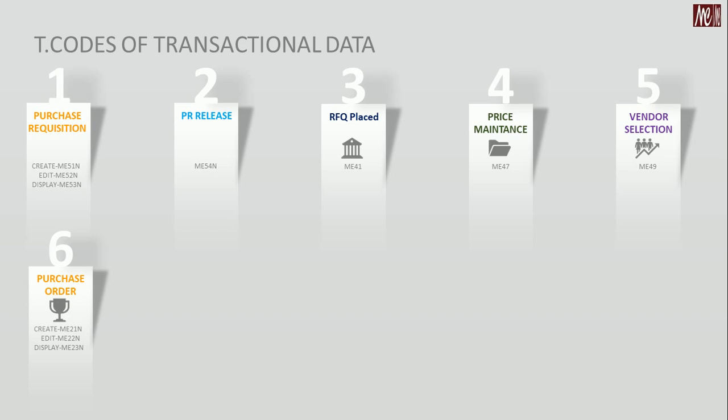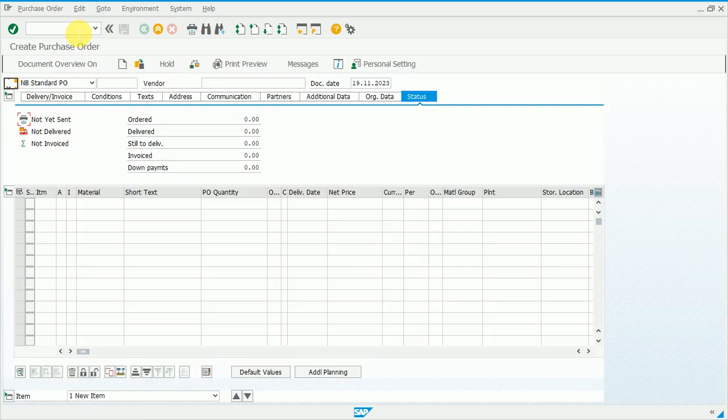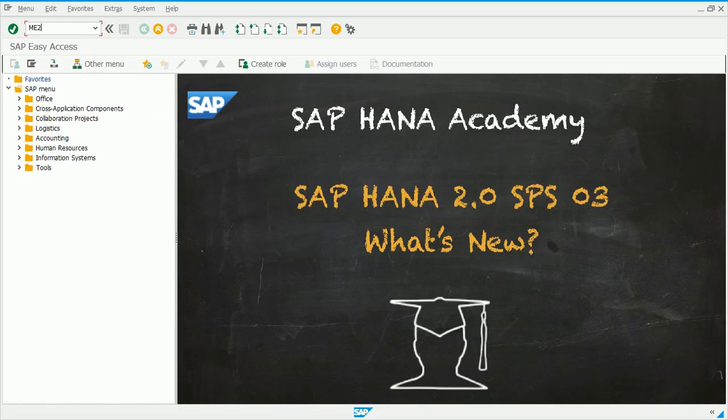Guys, move ahead and understand what ME21N, ME22N and ME23N really do. ME21N is the transaction code for creating a purchase order. Through this transaction code, we create a new, fresh purchase order. Similarly, ME22N is used for modifying the purchase order.